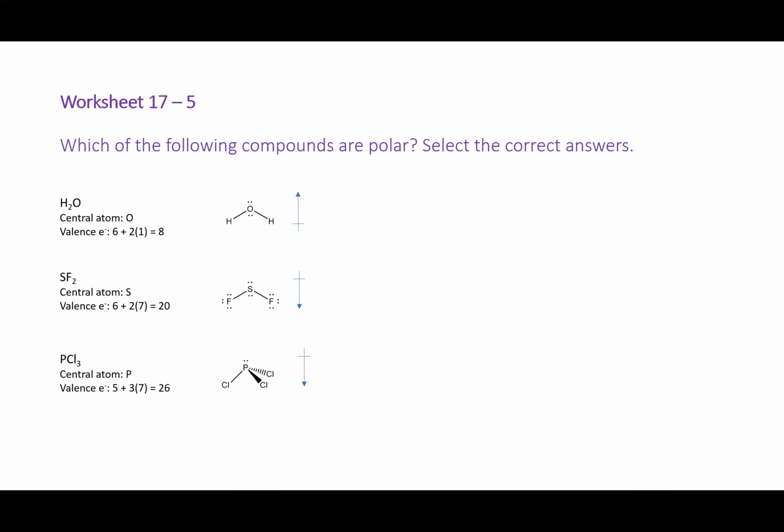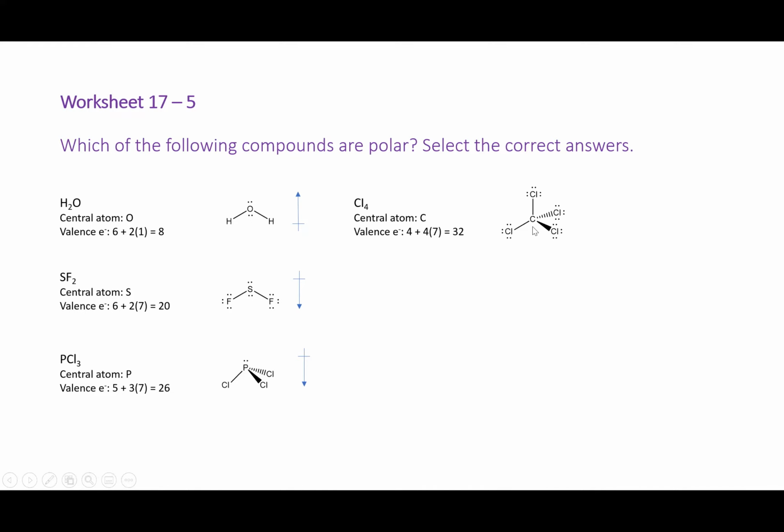So moving on, let's take a look at CI4. Our central atom is going to be the carbon, and it's going to be bonded to four iodines with a total valence electron count of 32. So here is our structure. We have a tetrahedral structure here.